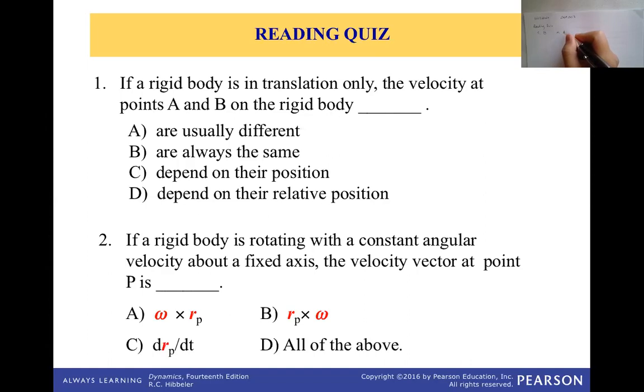It's not the other way around, not r_P cross omega, but omega cross r_P. dr over dt would just give you the definition of the velocity from translational motion, so that's not C. So B and A will be the answers for the reading quizzes.